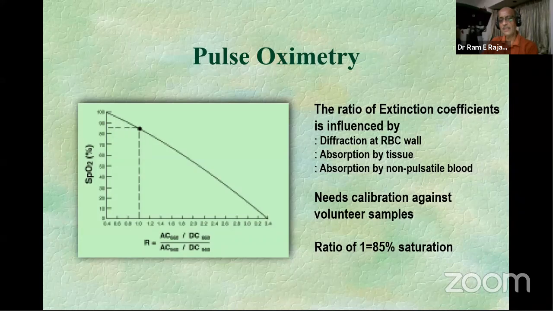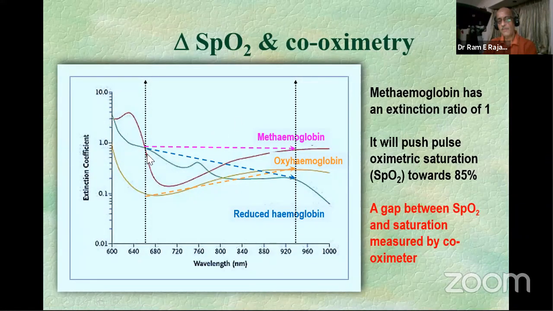And interestingly, the ratio of absorption of 1 correlates with 85% saturation. If you really look at it, methemoglobin has a ratio of absorption between these two light frequencies that you use in the pulse oximeter of exactly the same value of 1, so it will usually push the oxygen saturation towards 85%.